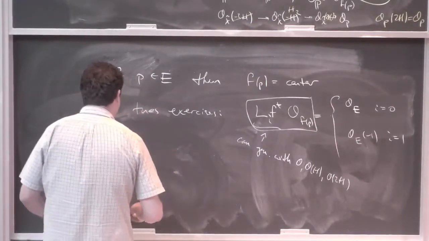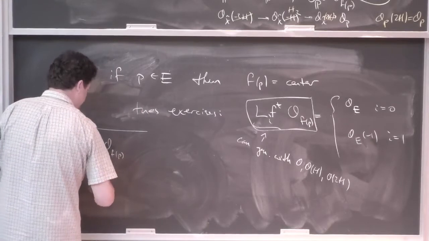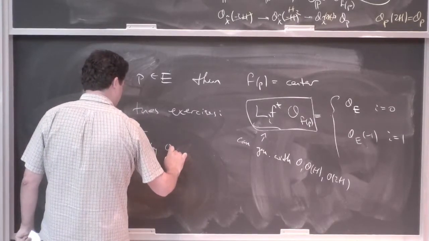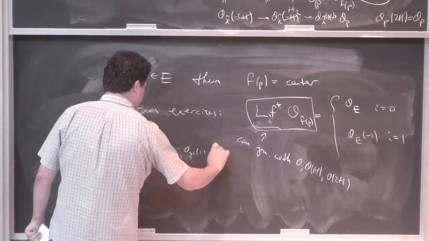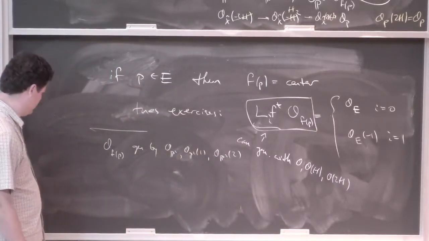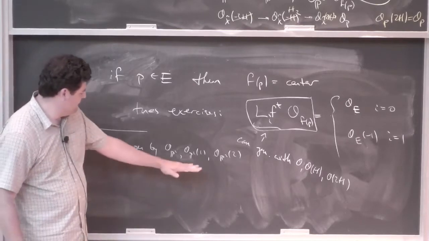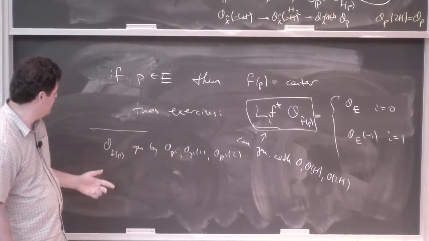Right. So, yeah, that's a good question. So, O of P is generated by OP2 of 1, OP2 of 2, right? Because it's a point in P2. So that's the Beilinson collection. And there's the argument again. And then you pull that back. Right?